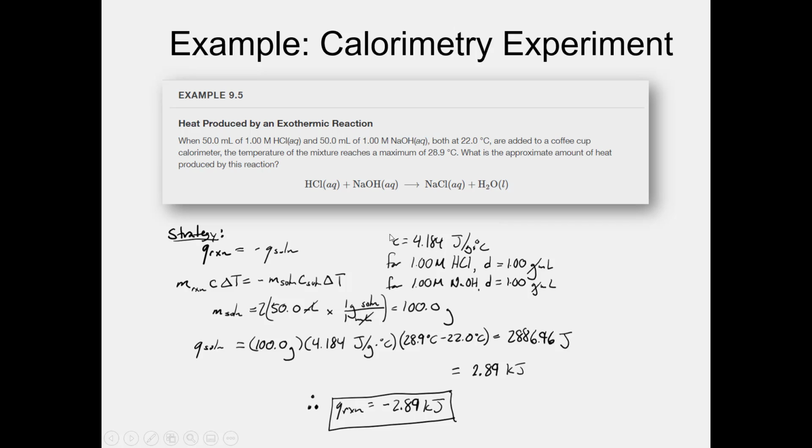So for most of the chemical reactions we'll be looking at, unless the problem explicitly says otherwise, you can often assume that the specific heat of the surroundings is the specific heat for water. Also, if you're given an aqueous solution and you need to know the mass for a calorimetry problem like this, usually they're going to be dilute enough that the density is going to be the same as that of water. 1 gram per mL is an acceptable approximation of the density. If it's not, the problem will clue you in.